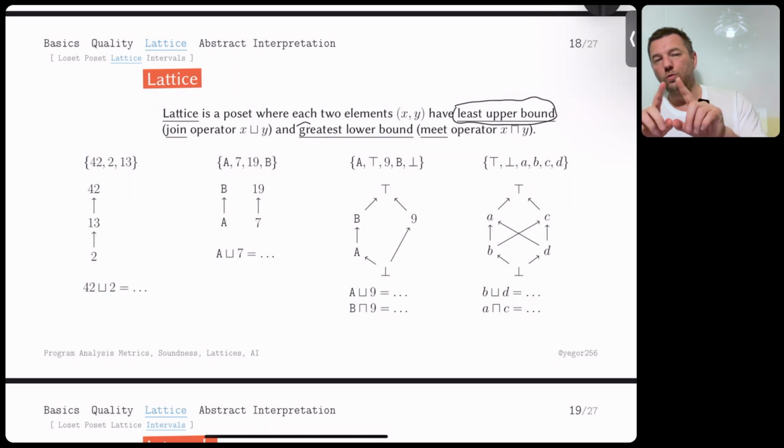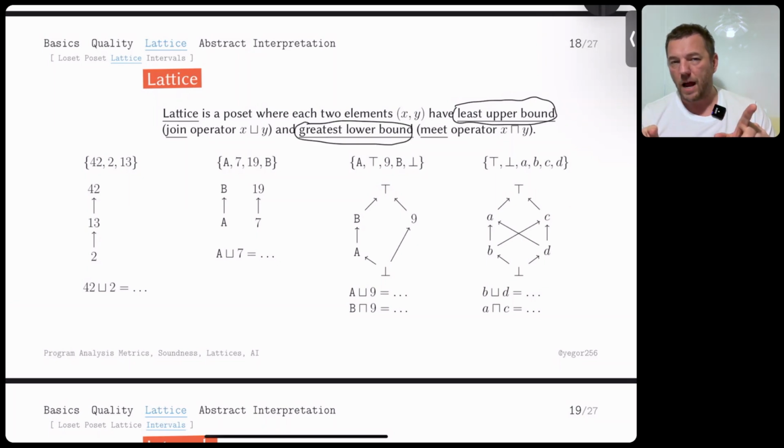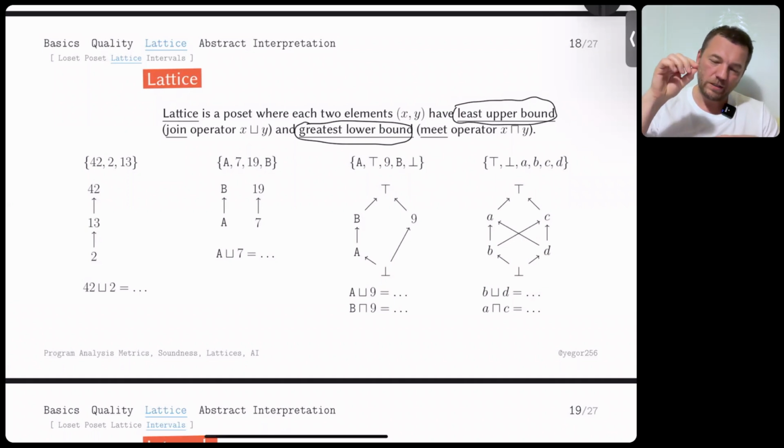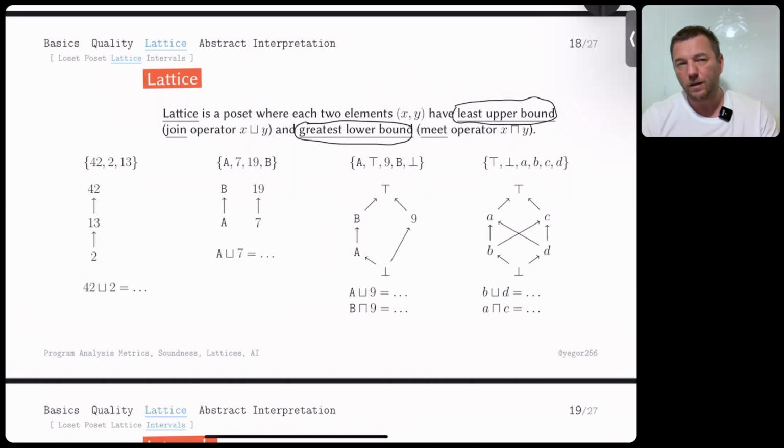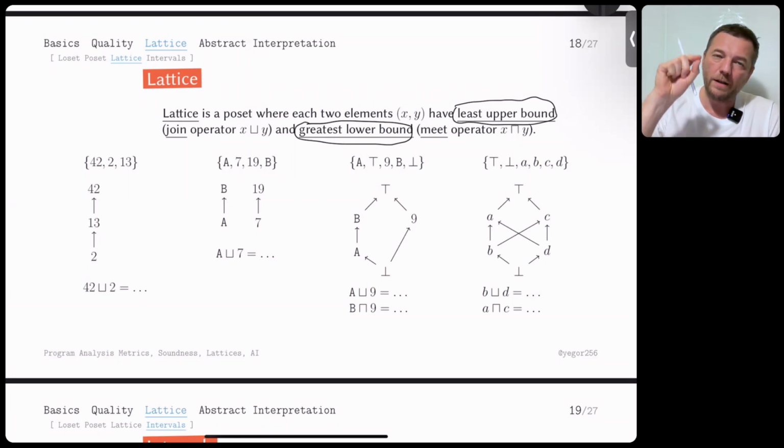So for any two elements of the POSET, I should be able to find an element which, if we put it graphically, stays on top of them. If we put all elements of the POSET from the lowest going up to the biggest, then for any two elements I should be able to find the element which stays on top of them, and there should be only one of them. So let me give you a real example on the graph.